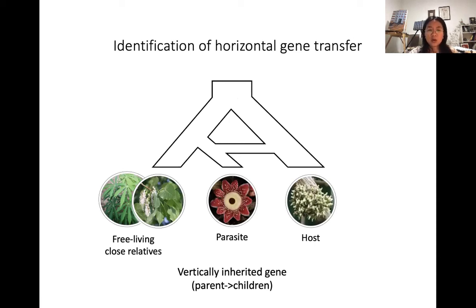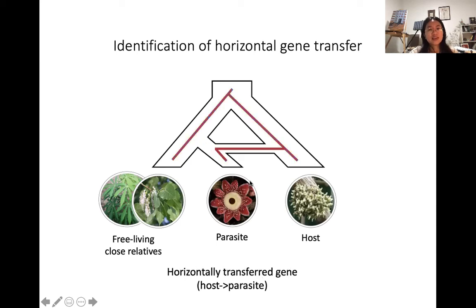So for a normal vertically inherited gene, we would expect the parasite to cluster with its close relatives rather than with a host. However, in case of horizontal gene transfer, because the gene is transferred from the host, we would expect the parasite to cluster with the host.